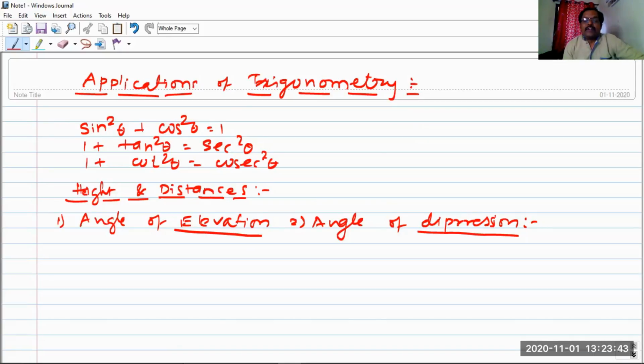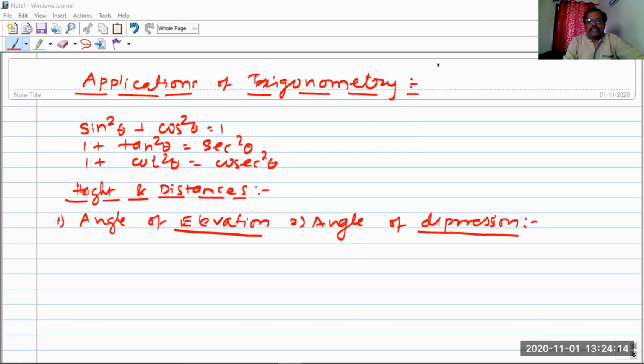That is called the angle of elevation. How it is obtained, we will discuss in detail. And for the angle of depression, we need to look downward, right? Those are the angles known as the angle of elevation and the angle of depression. I will show you exactly how they are, and the related terms as well. Okay, let us see.